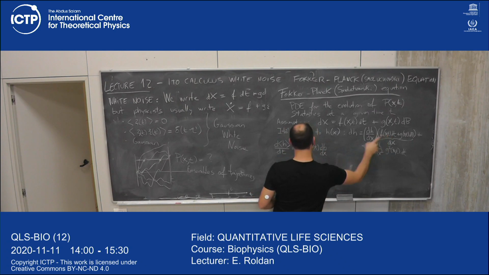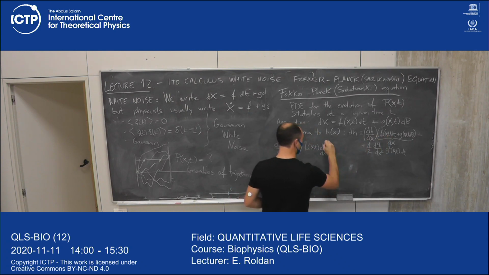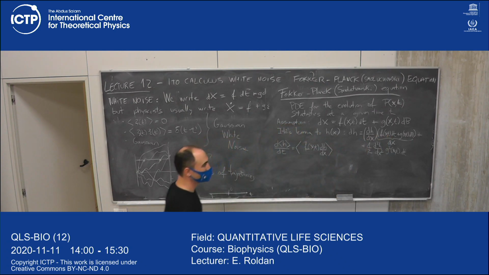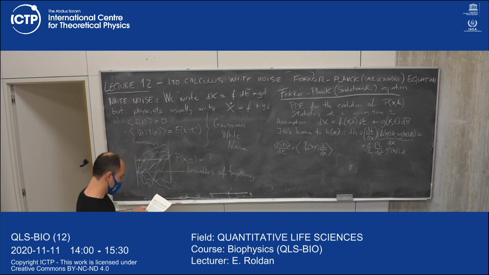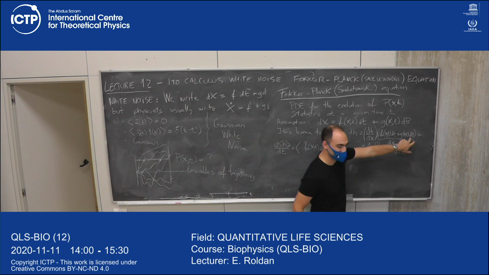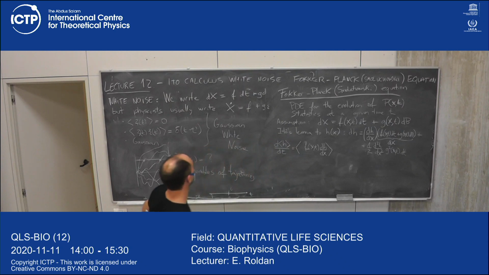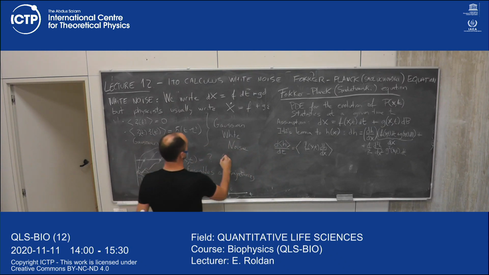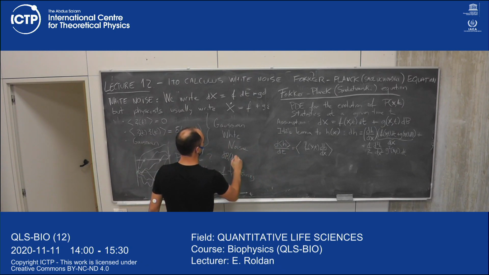There is a dt, but I divide, so it disappears. Okay, this is one term. And I'm not putting the other term. This one. There will be a dv dt. But remember, this will be 0, because dv dt is psi, and the average of psi is 0.